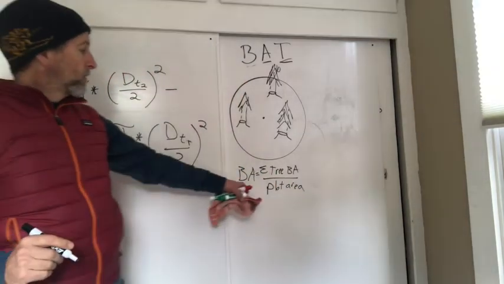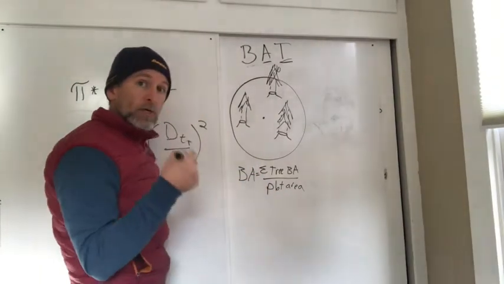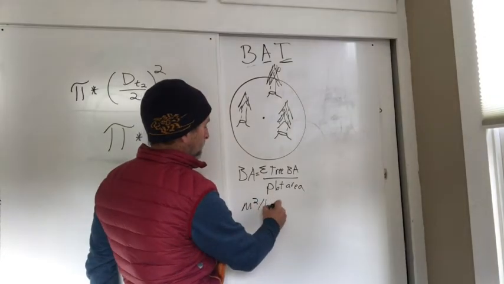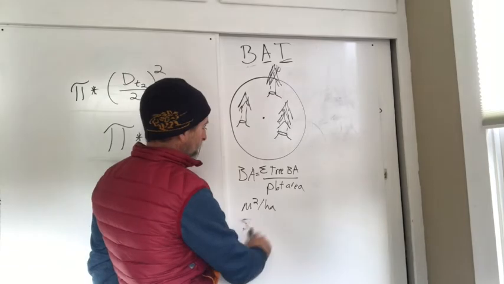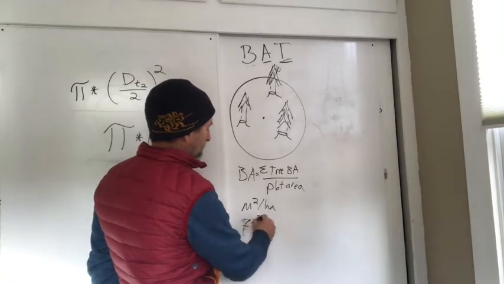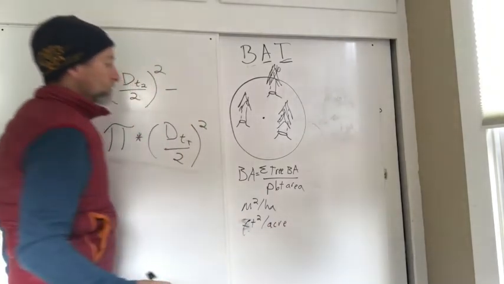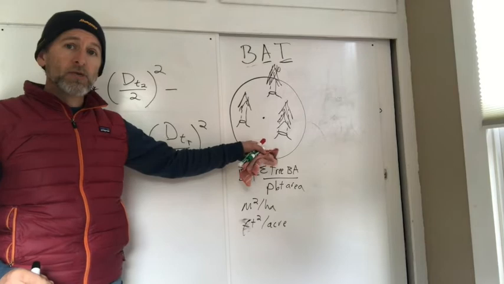Okay, and this will have units of something like meters squared per hectare, or just do feet squared per acre for English units. So frequently basal area is summed up this way.